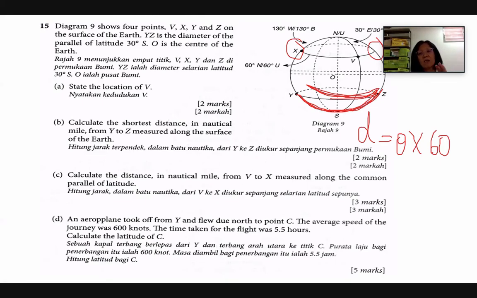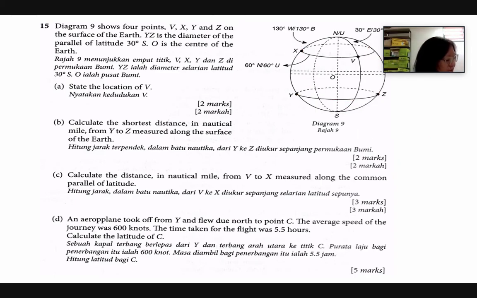Along the parallel of latitude, a small circle with smaller length, we use another formula. Y and Z are on the same longitude because they lie along the diameter. Use the formula theta times 60.